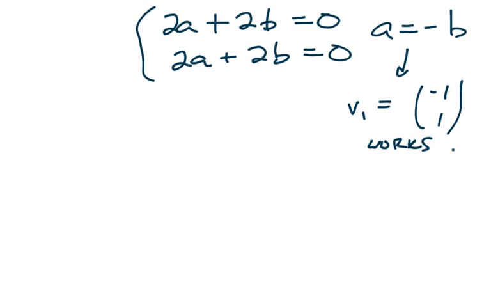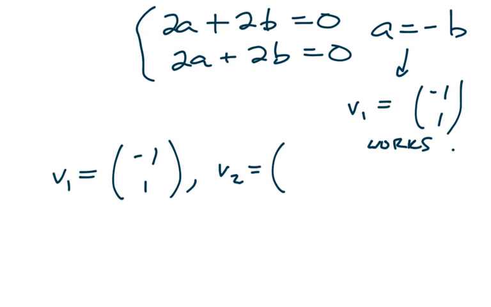Okay, so what this gives me is two eigenvectors. We've got v1 is (-1, 1), and v2 is (1, 1).